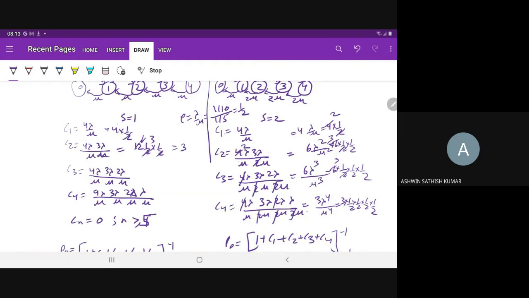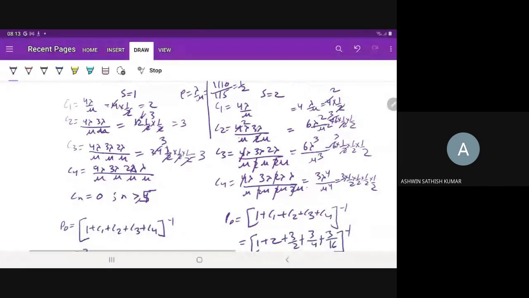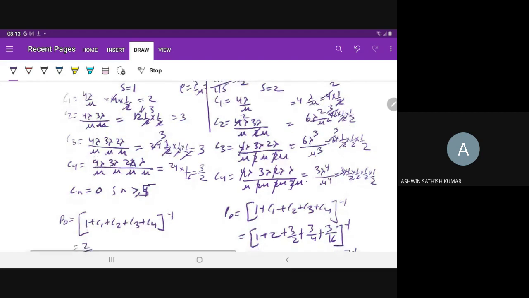So 3, it is 2, and 3. So it is 24 and 1 by 16. So this will come 3 by 2.